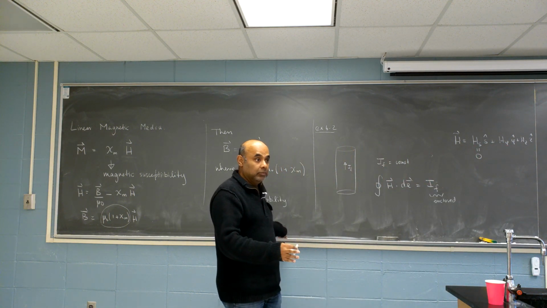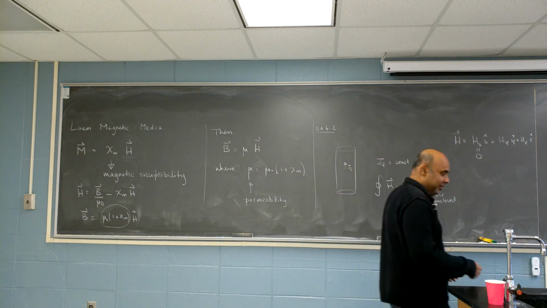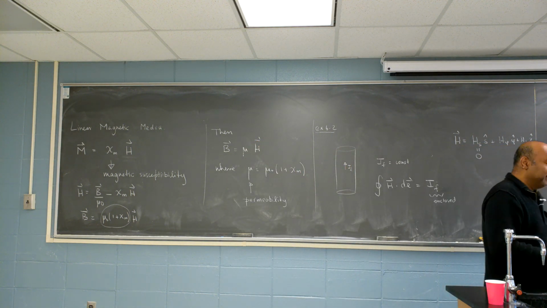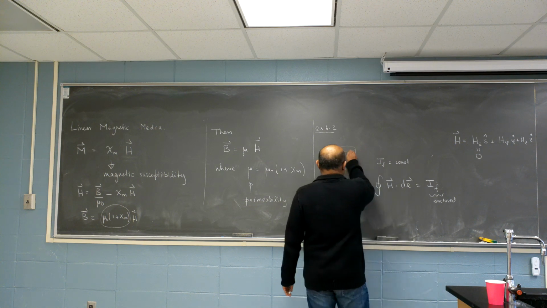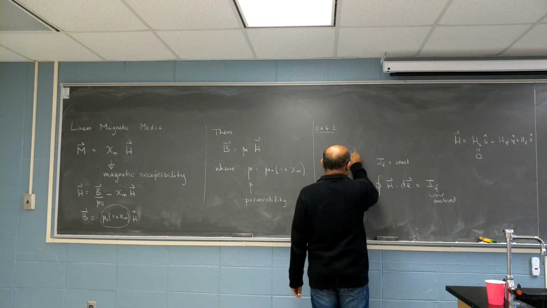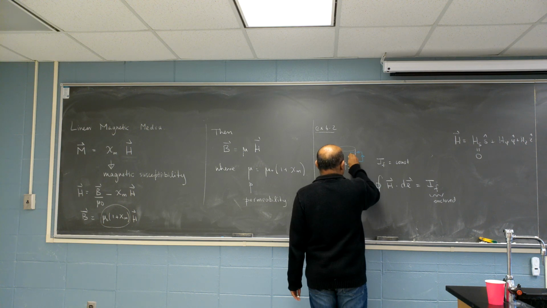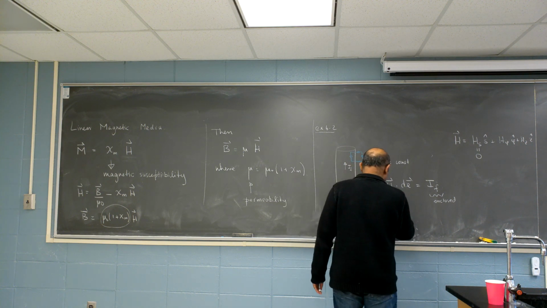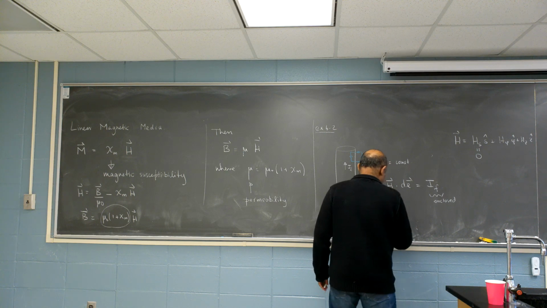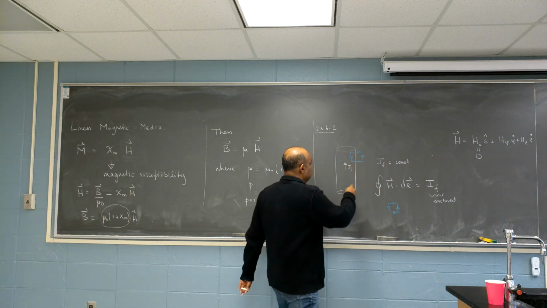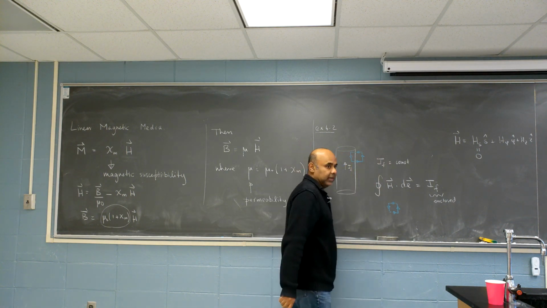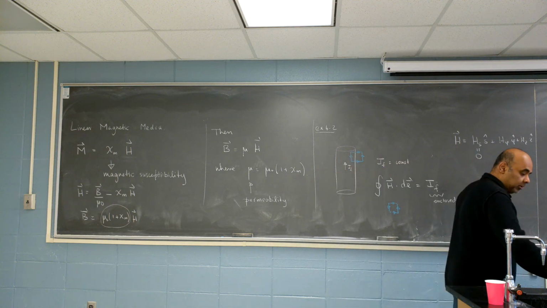I'll tell you what I know. If I take any loop in this direction, or even far away, and I integrate, since this is an Amperian loop, I can pick the direction of the loop. It doesn't really matter which way I go, clockwise or counterclockwise.